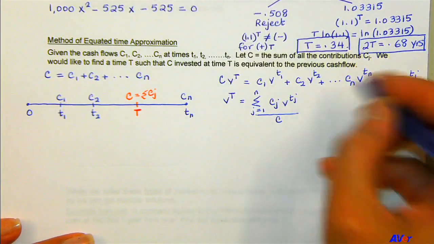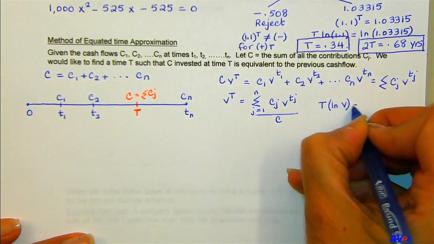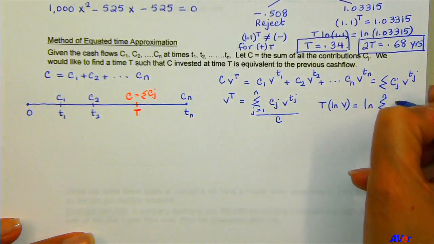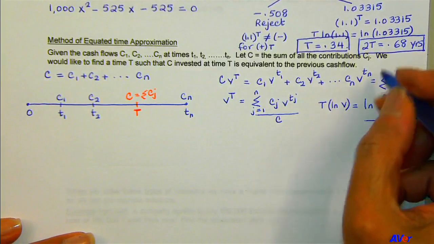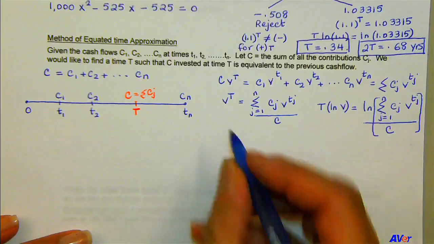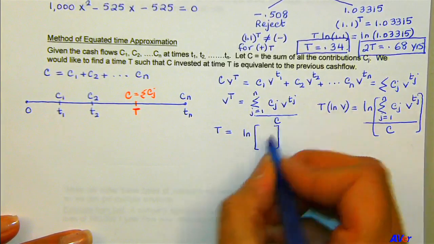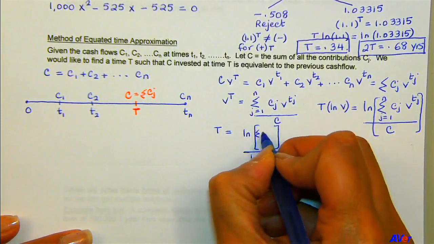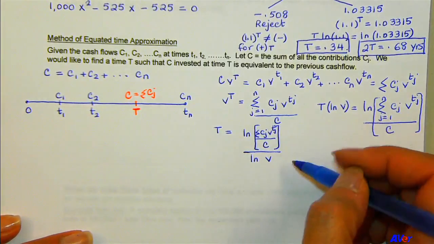Let's take the ln of both sides. So T ln V equals the ln of this mess right here: summation j equals 1 to n of Cj V to the Tj divided by C. So T equals ln of the mess divided by ln V, where the mess is summation Cj V to the Tj over C. So this is complicated.